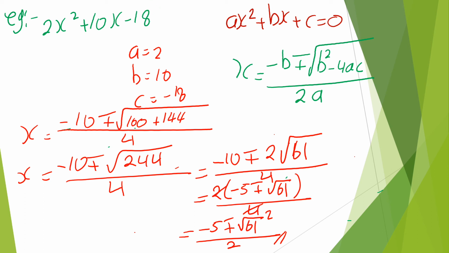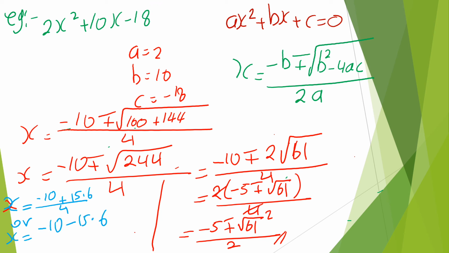It's approximately 15.6. So you would write your answer, I'm just going to write it in a different color. So you say x equals negative 10 plus 15.6 over 4, or x equals negative 10 minus 15.6 over 4, and you get the answer for this on the calculator.